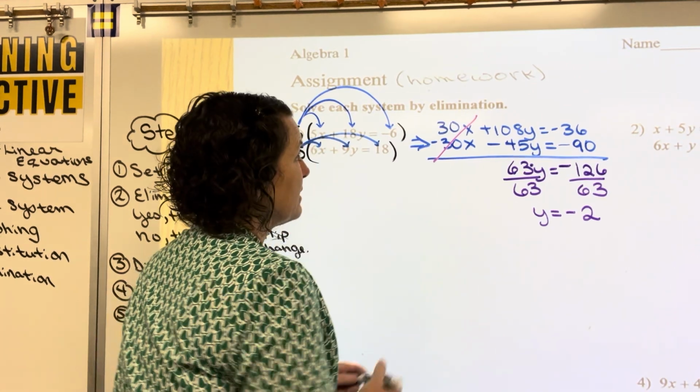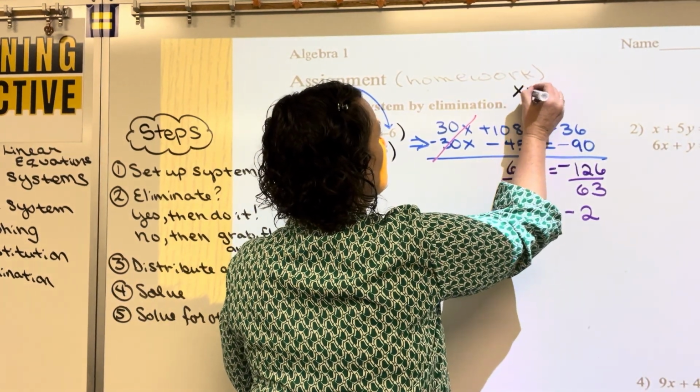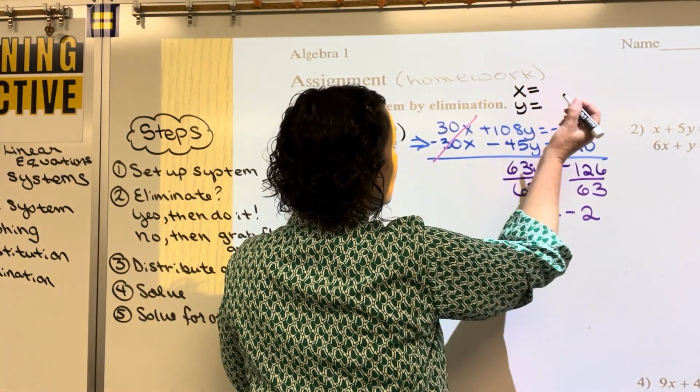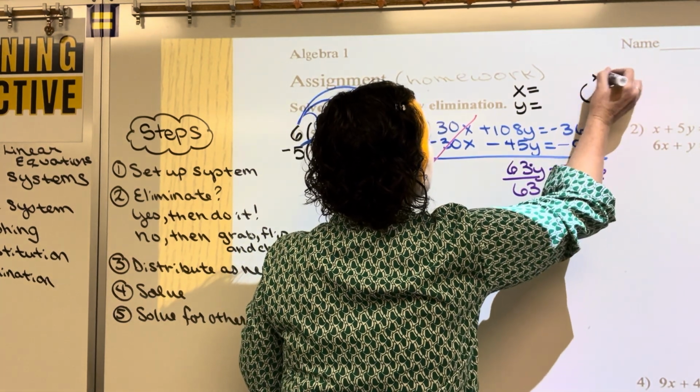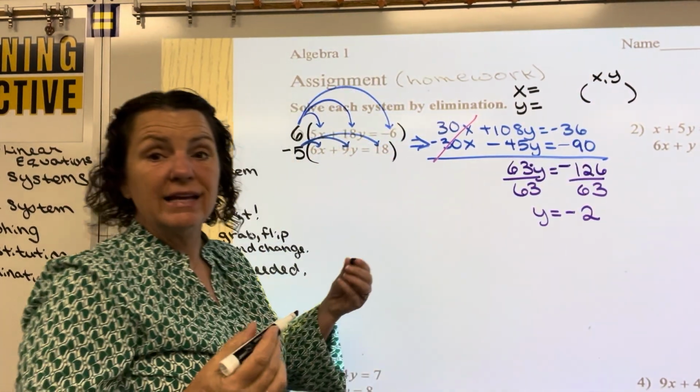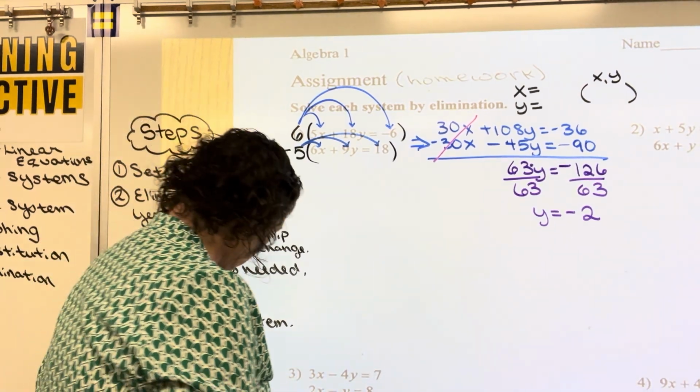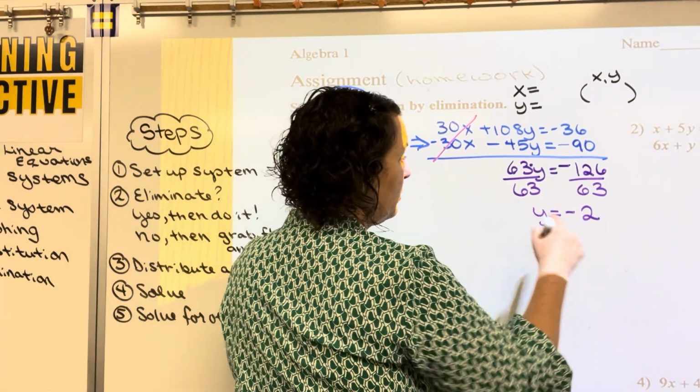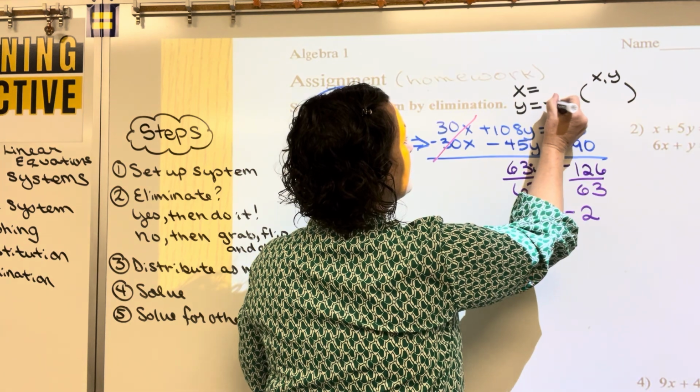The way we represent our answer will be x equals, y equals, or some teachers have kids write it as a given point. It's up to you. You could write it both ways. Why not? We now know the y is negative 2.